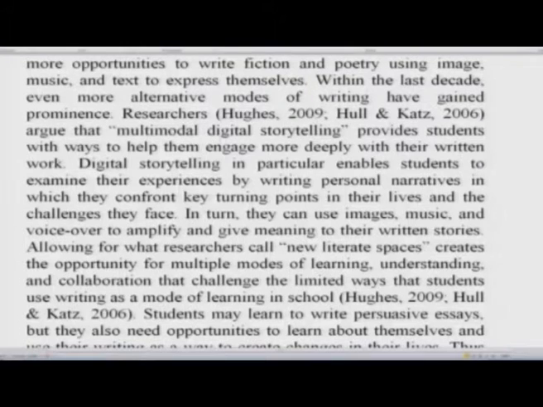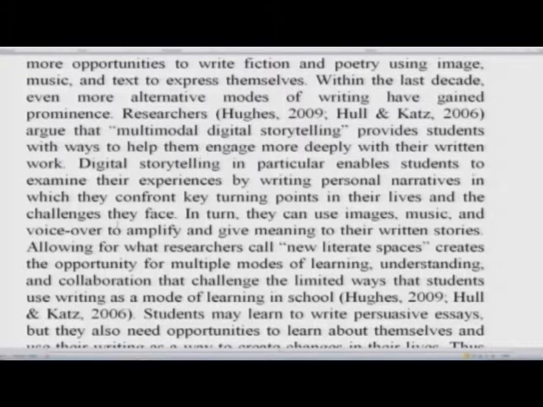So, from multimodal creative expression, the writer is narrowing down further. This is called digital storytelling. So, what do students do here? They examine their personal experiences by writing personal narratives in which they confront key turning points in their lives and challenges they face.